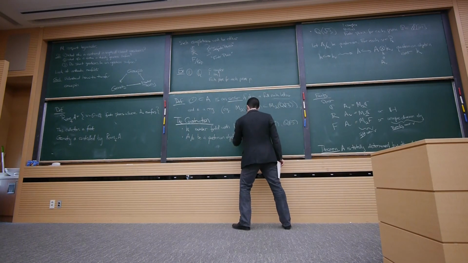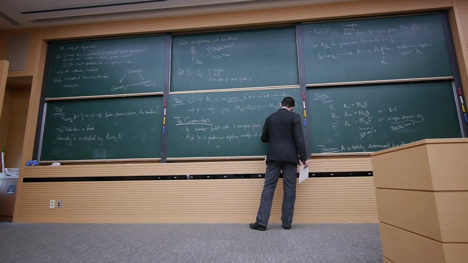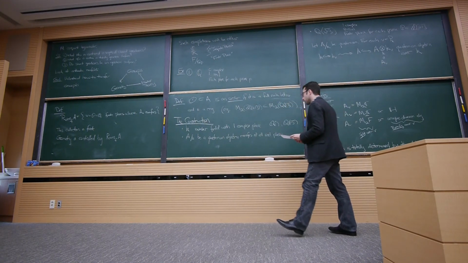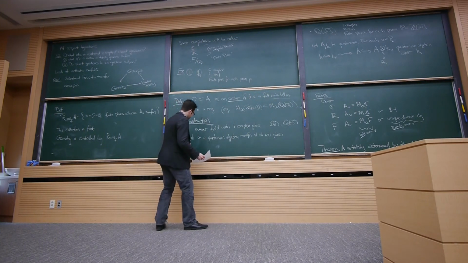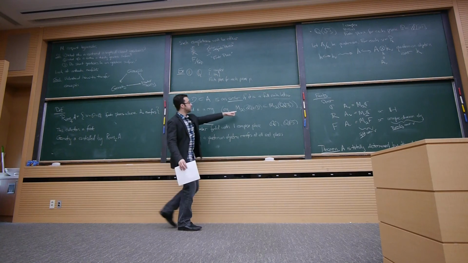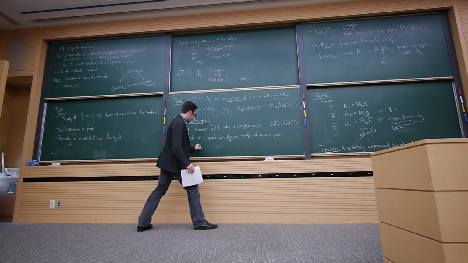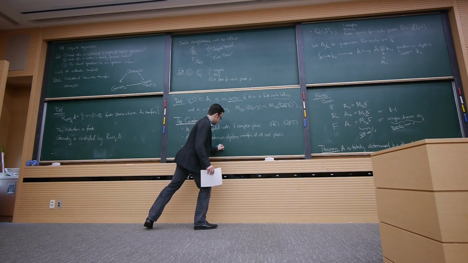So a quaternion algebra that ramifies at all real places. Okay, so let's pick some maximal order, kind of like this guy, sitting inside of a maximal order.